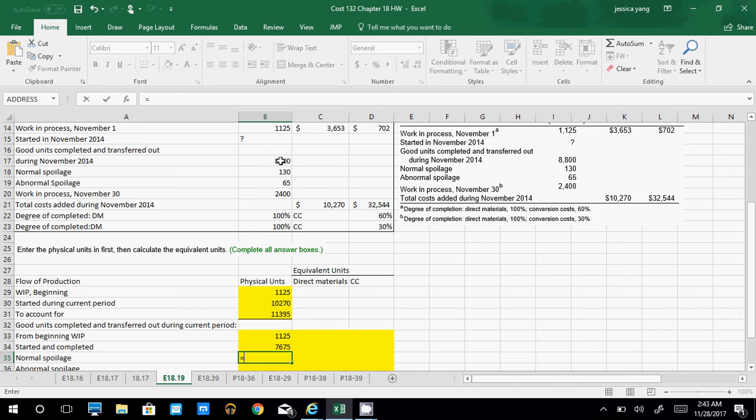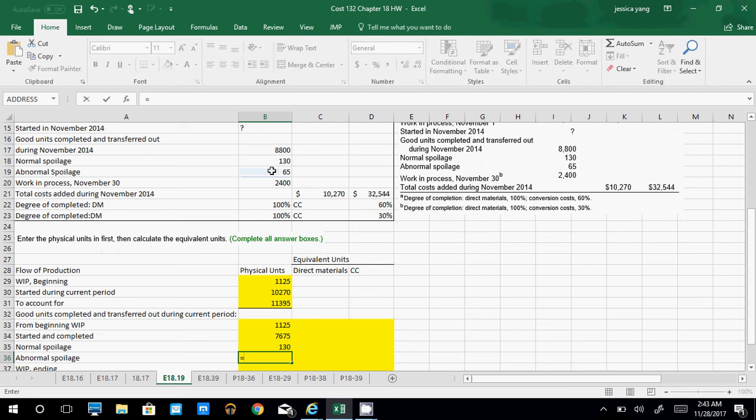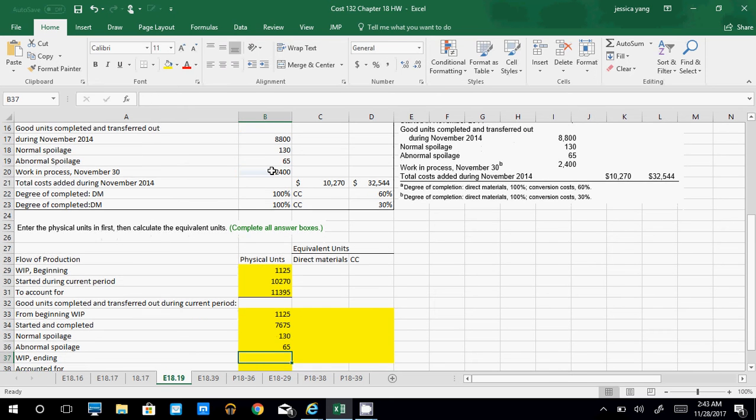For normal spoilage, we get 130 units. For abnormal spoilage, we get 65 units in the physical units. For work in process ending, we get 2,400 units in the physical units of work in process November 30th.